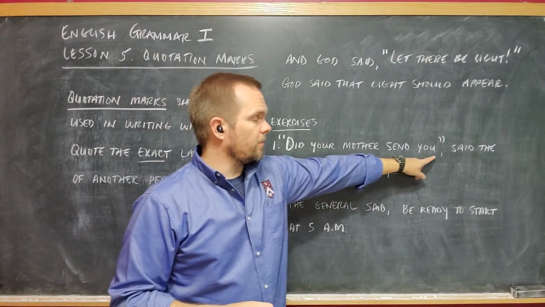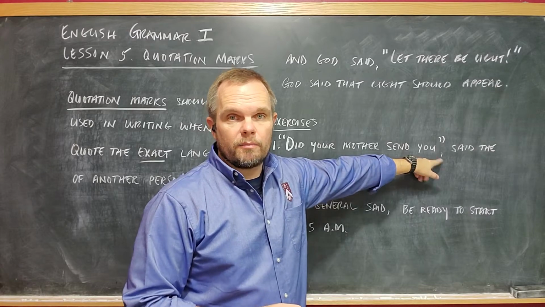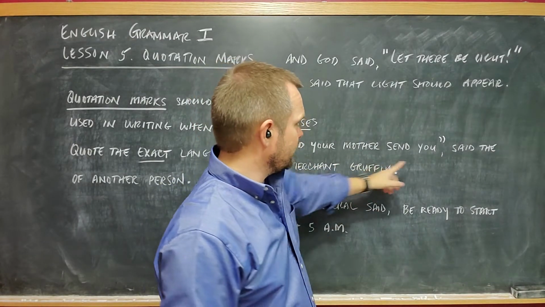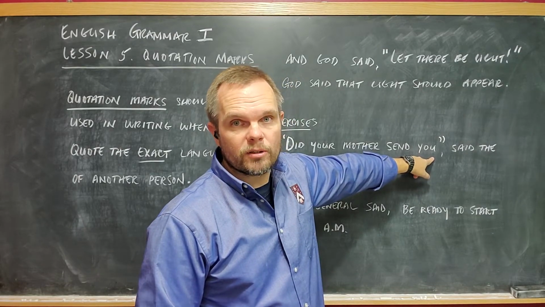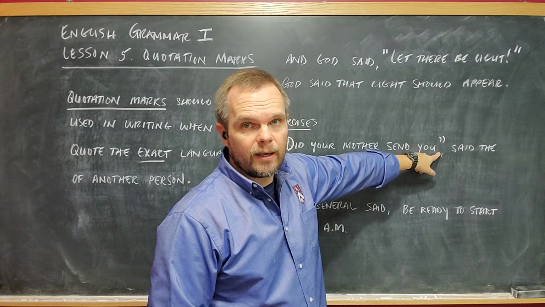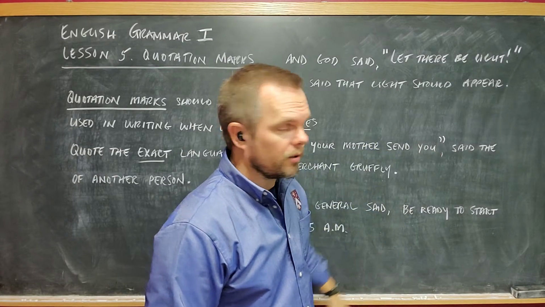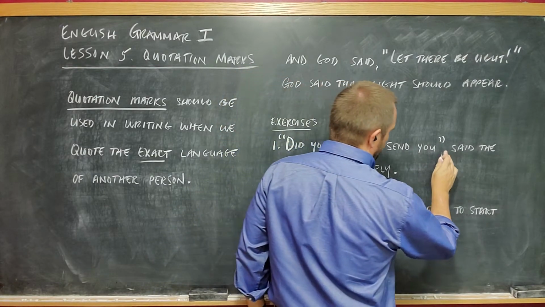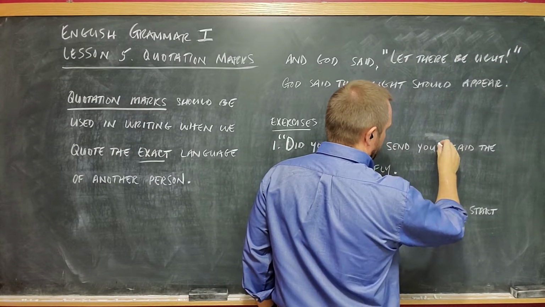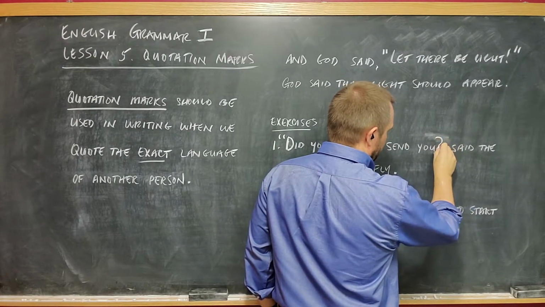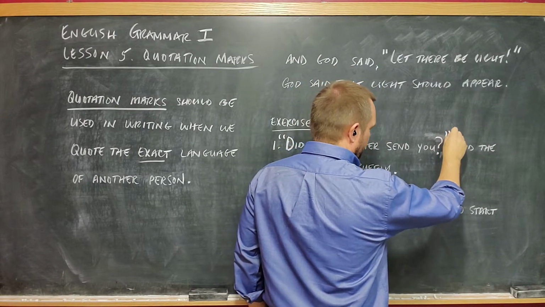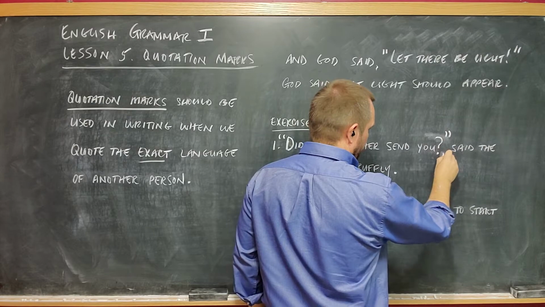The second problem we see is that the merchant asks a question, and a question has to end with a question mark. So we're going to put the question mark inside the quotation marks. "Did your mother send you?" Question mark, then the quotation marks and a comma.